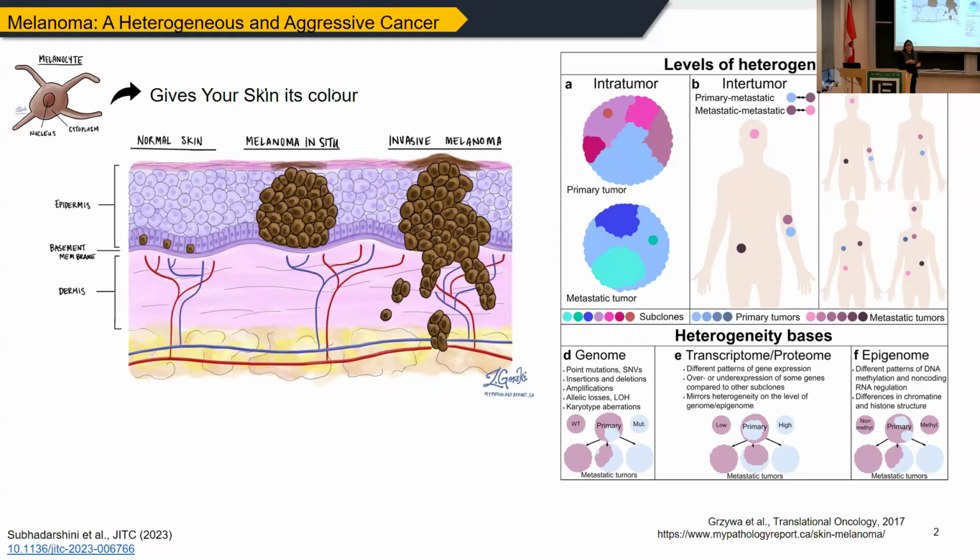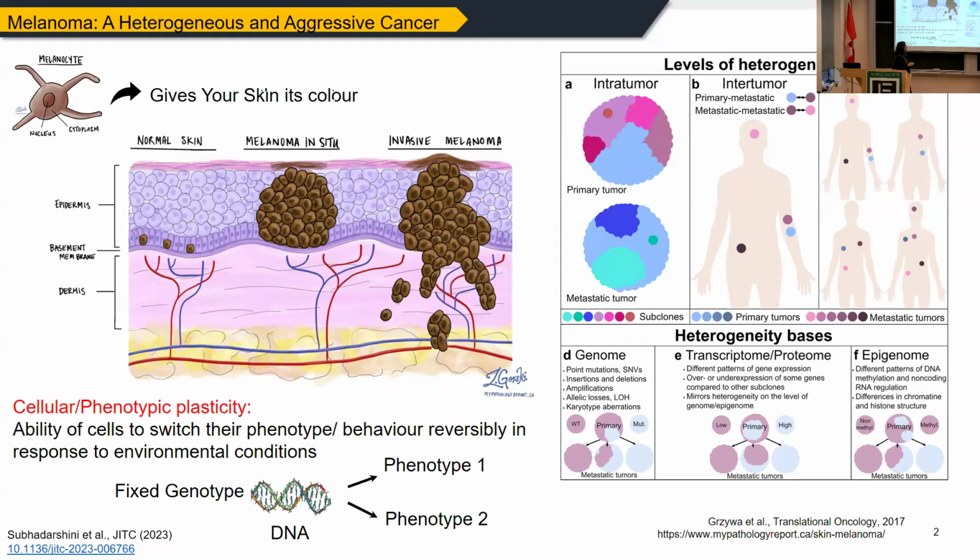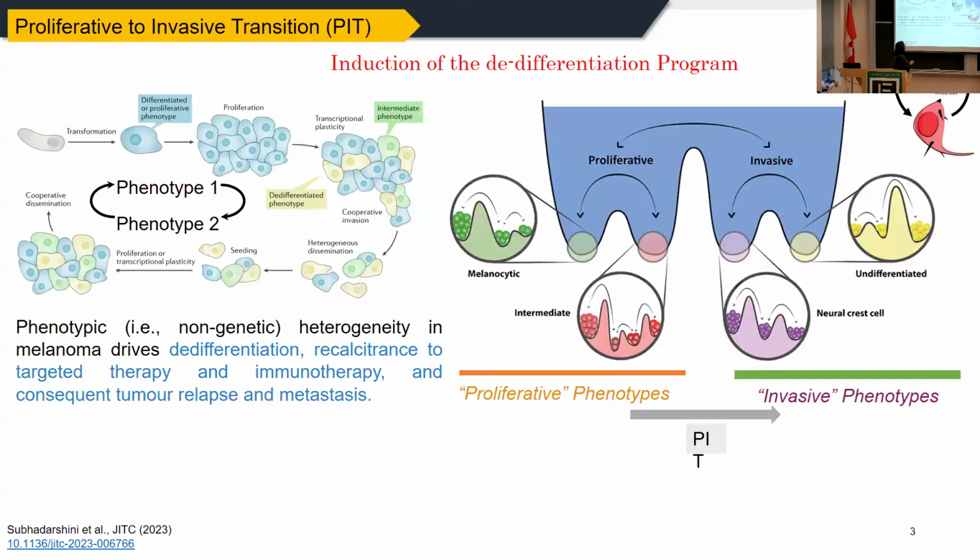They might have differing proliferation rate, differing invasive potential, and all of these can have their underlying genomic and non-genomic basis. But for the purpose of this study, we specifically focused on the non-genetic phenotypic aspect of melanoma heterogeneity, and also in case of liver, heterogeneity that arises as a result of proliferative to invasive transition in melanoma and epithelial to mesenchymal transition in the context of liver cancer.